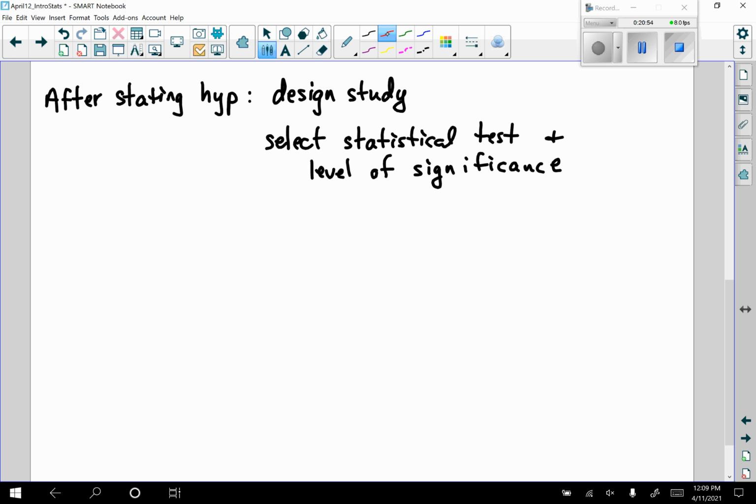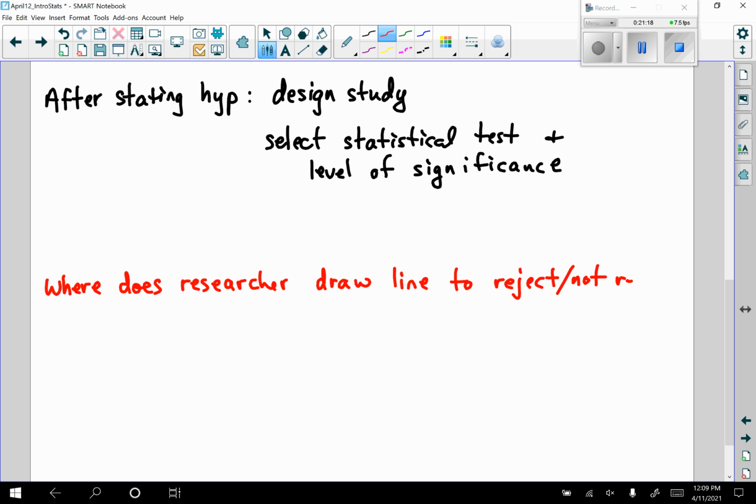But here, eventually we're going to come across this question: where does a researcher draw the line to reject or not reject the null hypothesis? This difference must be significant and not due to chance.